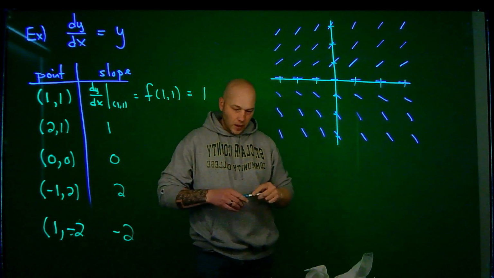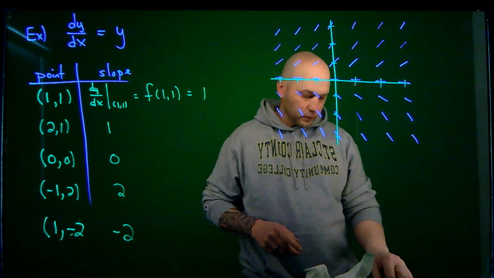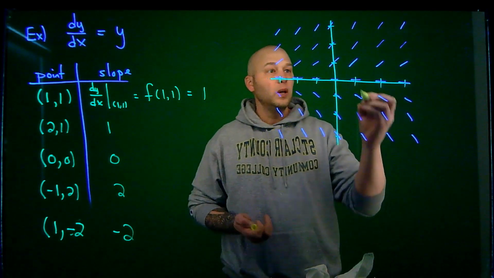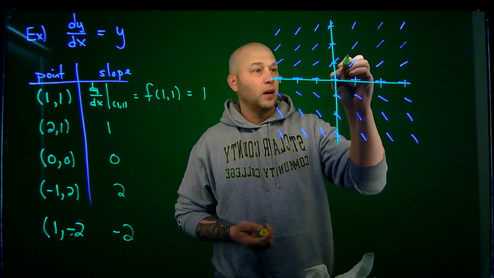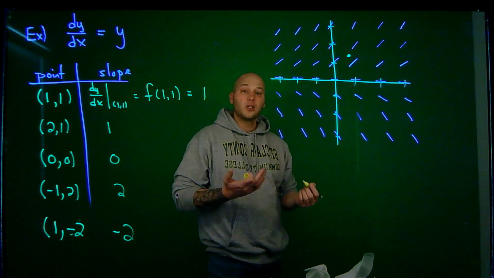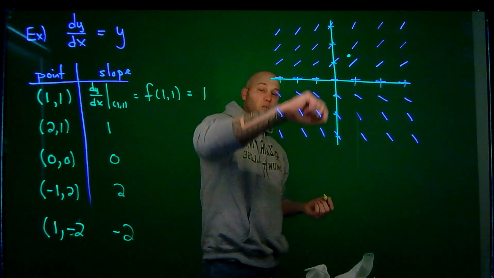What I can think about is if I were to pick a point that I wanted my solution to go through, say roughly right here. What would the graph look like? What would the solution that passes through that point look like?